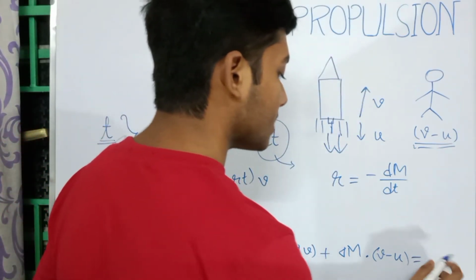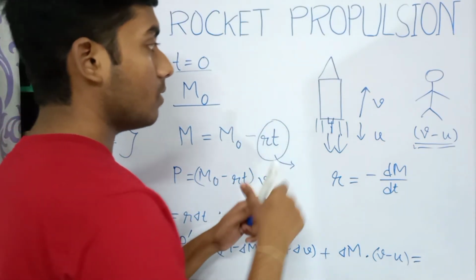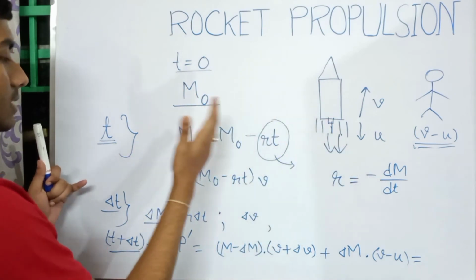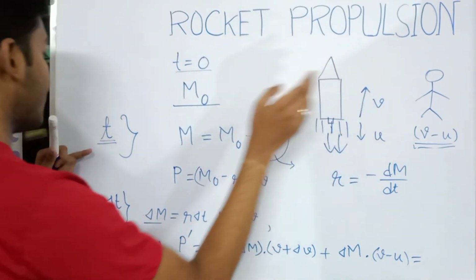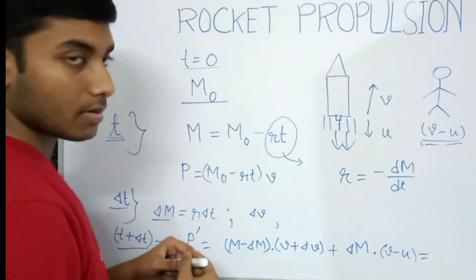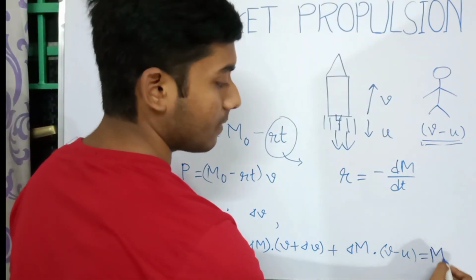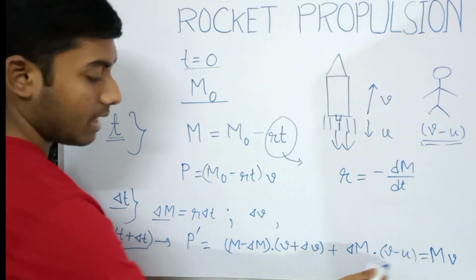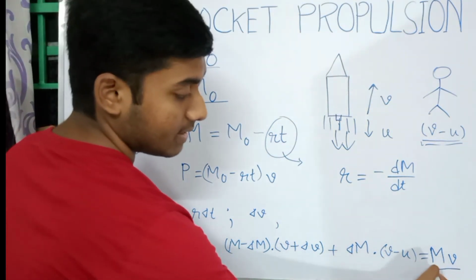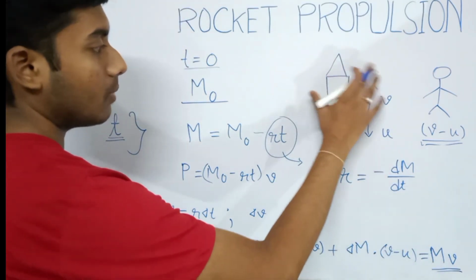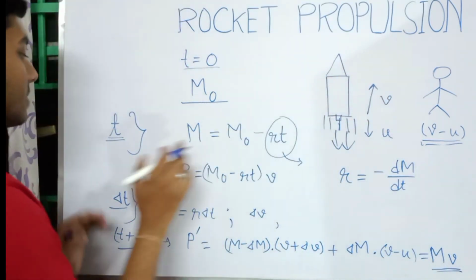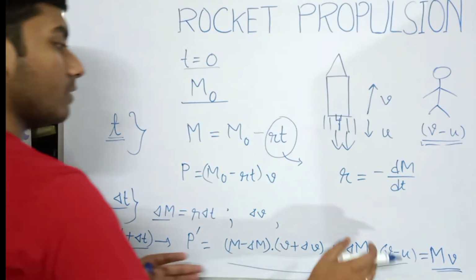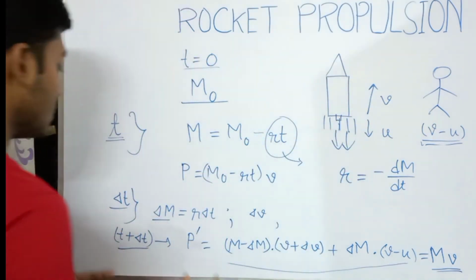So this will be equal to the mass of the whole system at the time t, that is m, small v. This mv is the linear momentum of the whole system at time t, and the left hand side is the momentum of the whole system at time t plus del t.